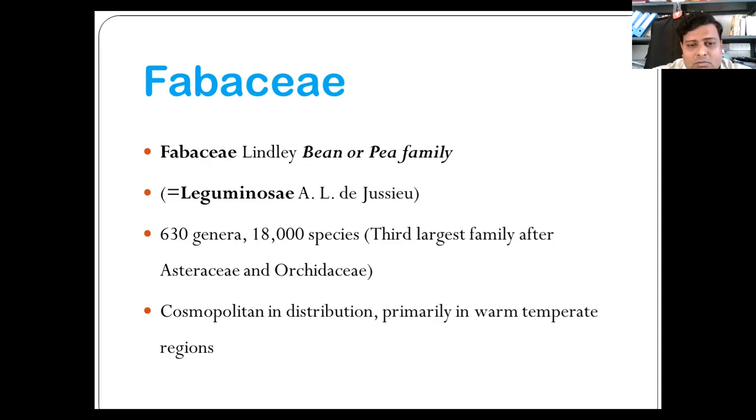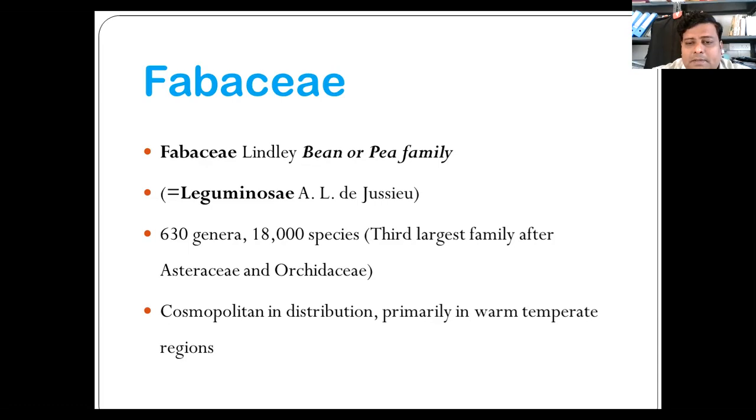So it must be noted that the name Fabaceae is valid for the family in the broad sense, as well as for Papilionoideae upgraded as a family. Leguminosae is the alternate name only for the former, whereas Papilionaceae is the alternate for the latter.